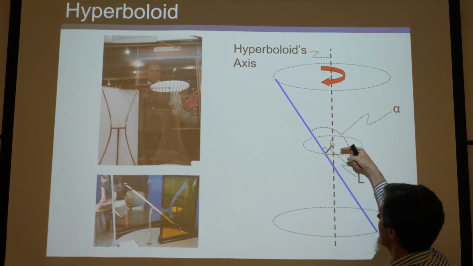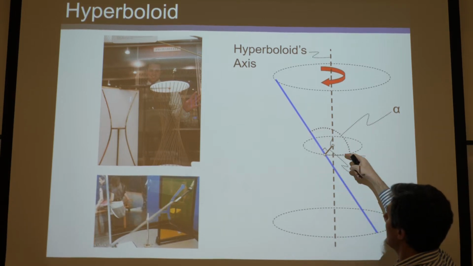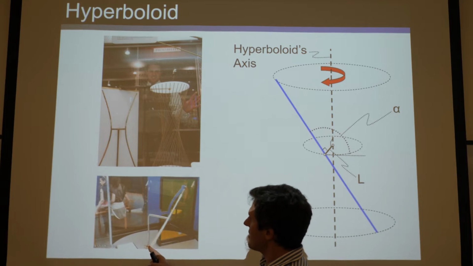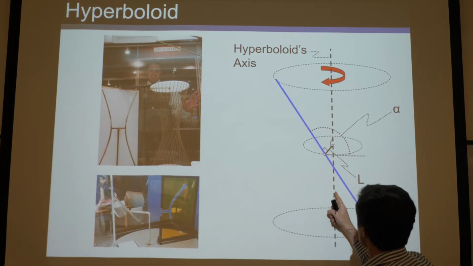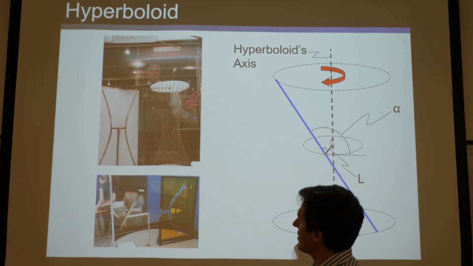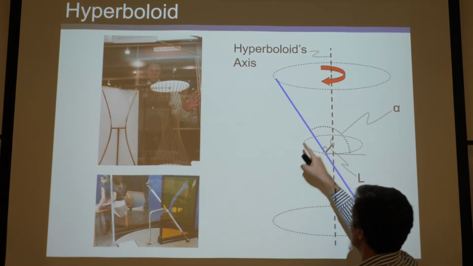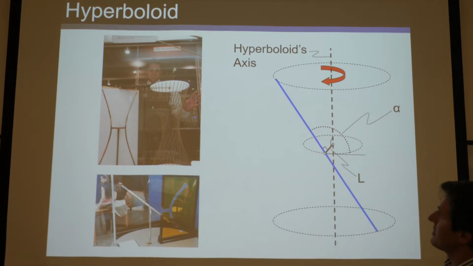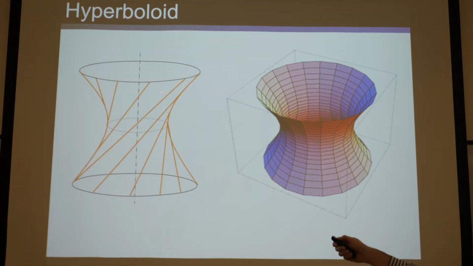Say this is some length L out, and if you can see this animation, this central axis would be this dotted line, and this L bar is this bar that's whipping around here, and then this angled bar would be the blue one with some angle alpha. And as it rotates around, you can see it would create this.